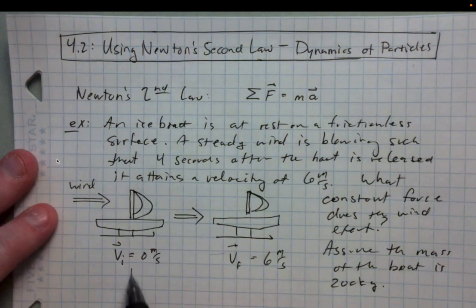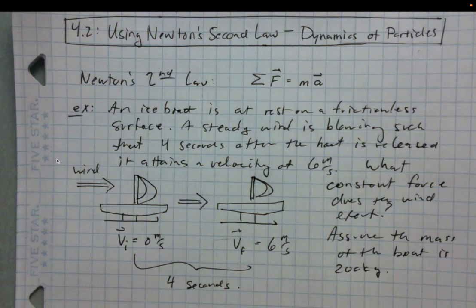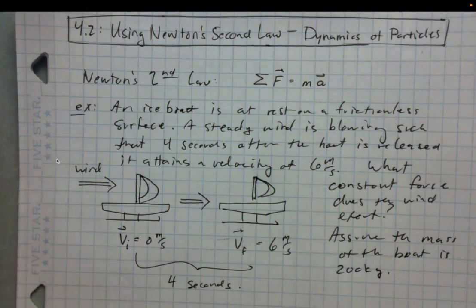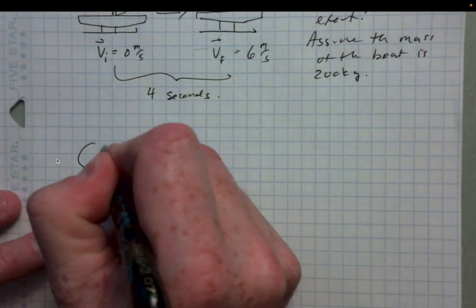Okay, so over this interval, 4 seconds elapses. So the boat goes from basically 0 meters per second to 6 meters per second in 4 seconds on a frictionless surface, and this acceleration is due entirely to the force exerted by the wind. So let's look at a free body diagram here. Simple problem, right?